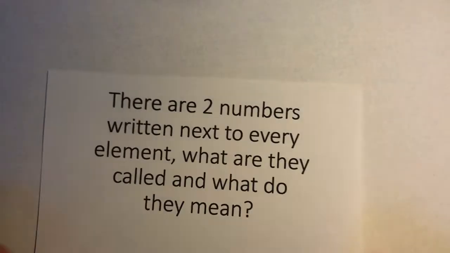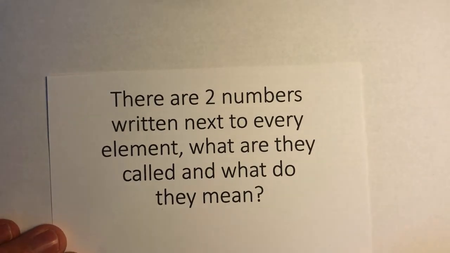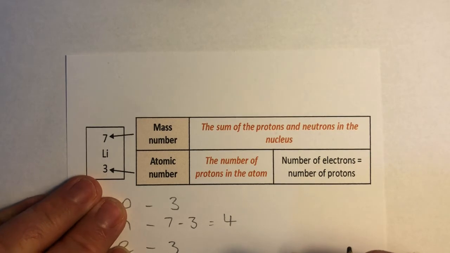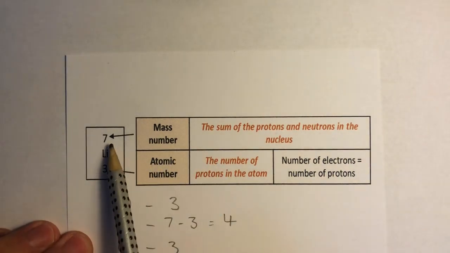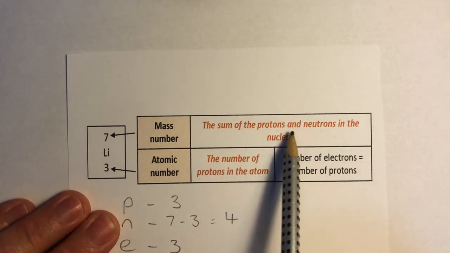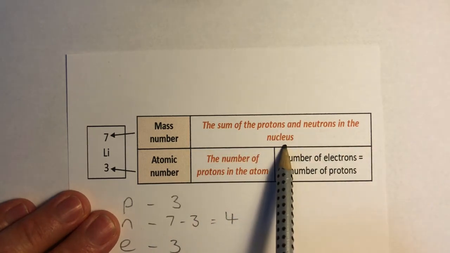Okay, so back to the question. There are 2 numbers written next to every element. What are they called and what do they mean? So using lithium as the example. The larger number is the mass number, and that is the sum of the protons and neutrons in the nucleus.